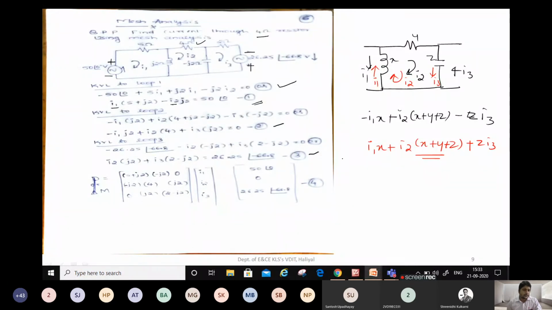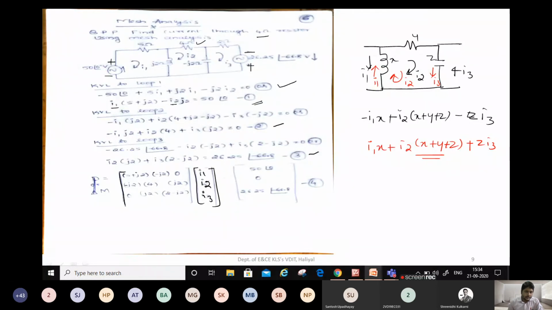So what you have to do is first write the matrix of those particular equations. If you take I1, I2 and I3 as the three parameters, you will get this matrix over here: I1, I2 and I3.